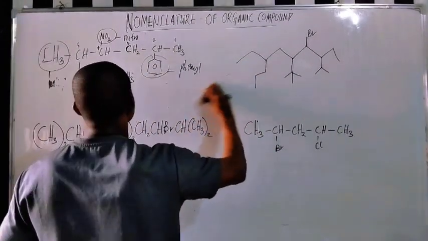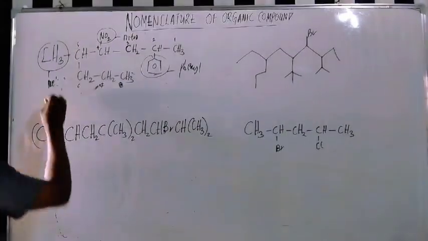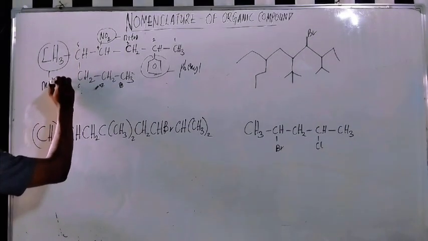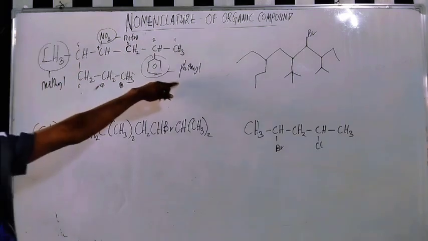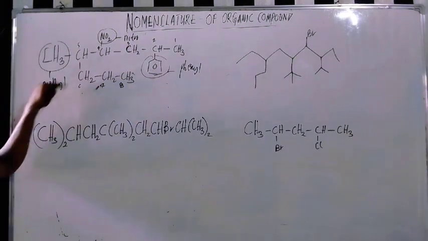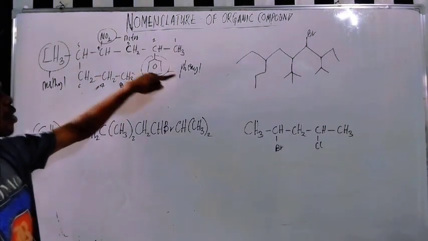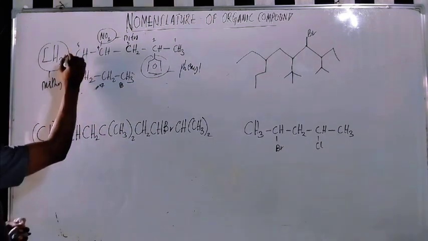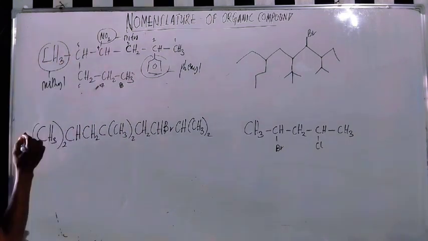If you check very well, here we have methyl, methyl, here we have nitro, here we have phenyl. M will come before N, and N will come before P in alphabetical order. Do you understand? So the name is going to be 5 methyl.